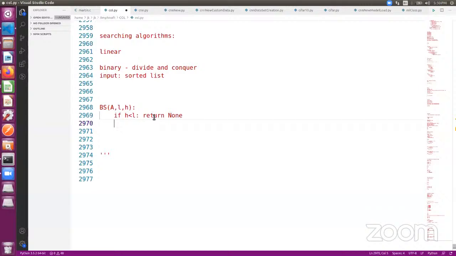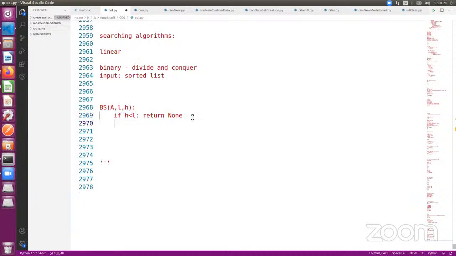In other languages, C and Java, we will be returning the negative index, which means that the element is not found. So if this condition is false, what does it mean? It means we have some more elements left out that have to be processed.